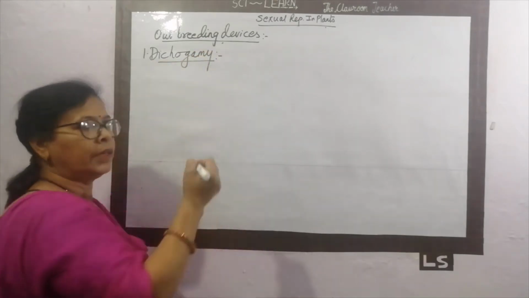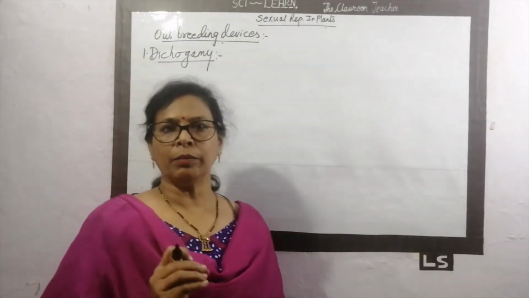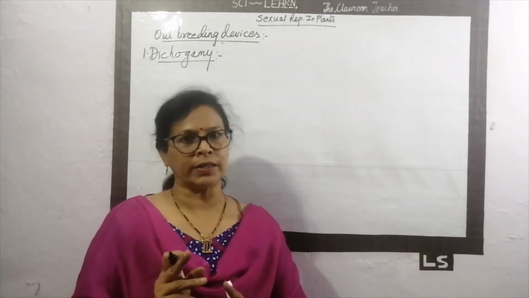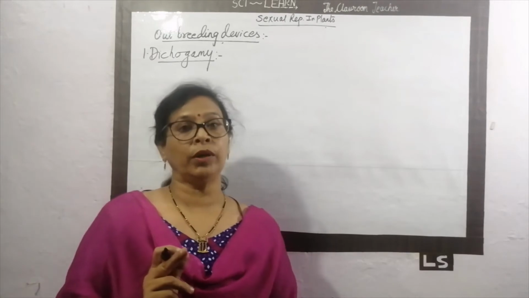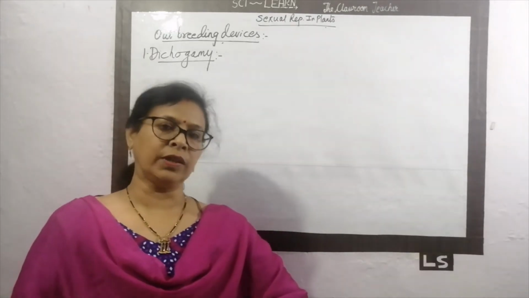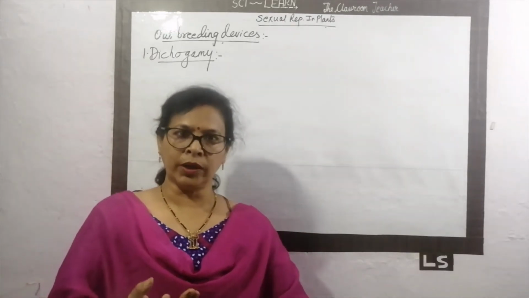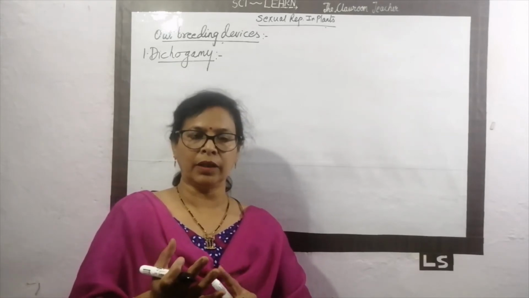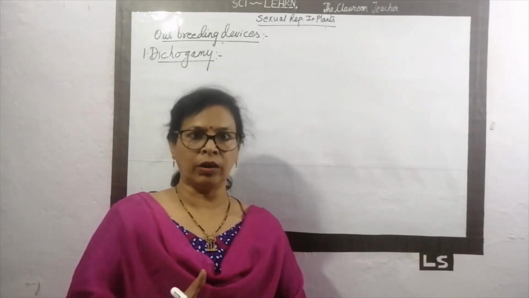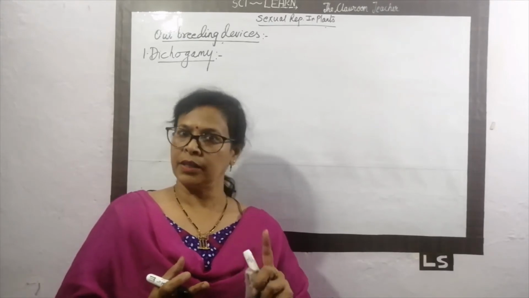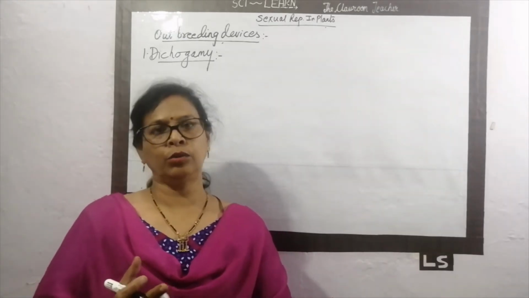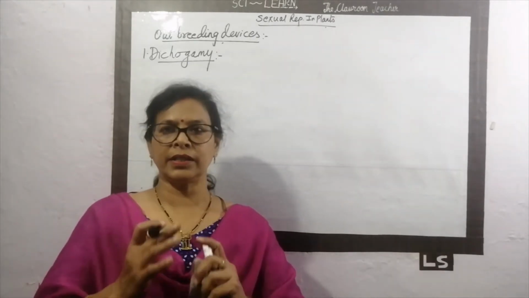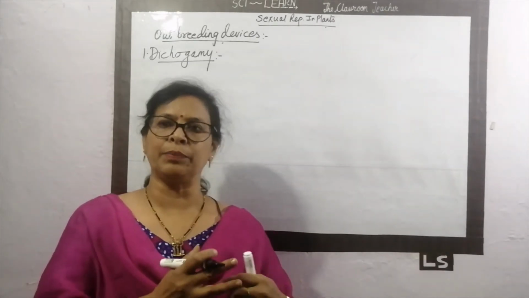Now, what happens in dichogamy? Dichogamy is the lack of synchronization between the releasing of pollen and the readiness of the stigma. If the anther sac dehisces or breaks, the pollen is spread all over, but the stigma is not ready to accept that pollen.